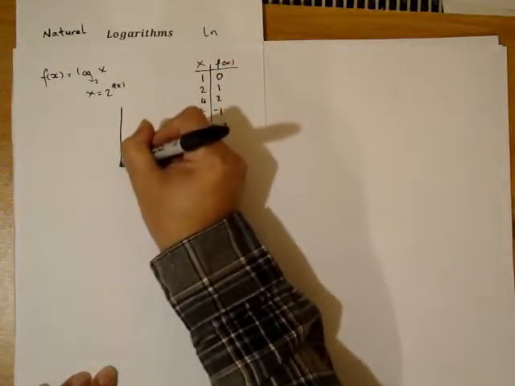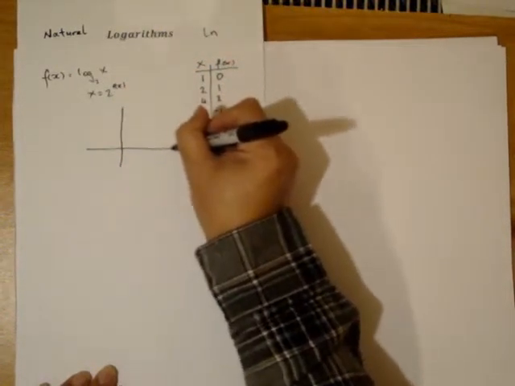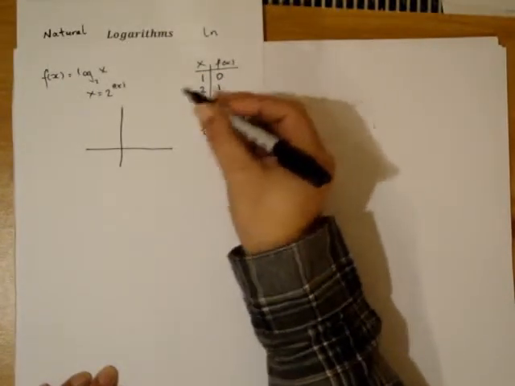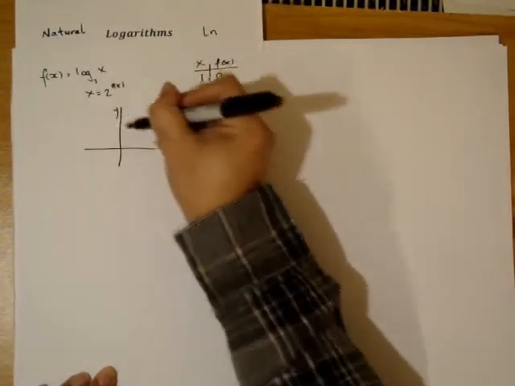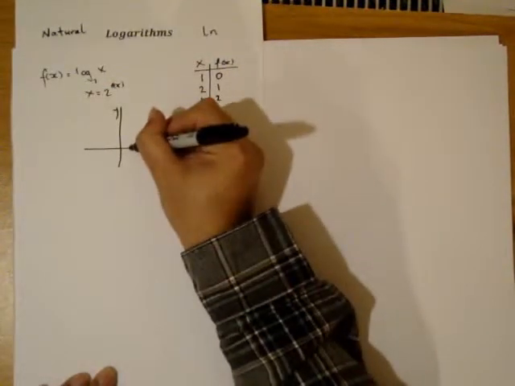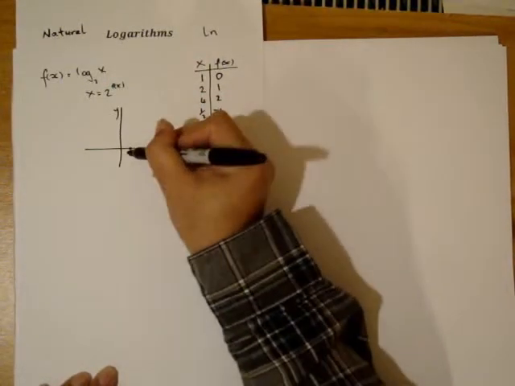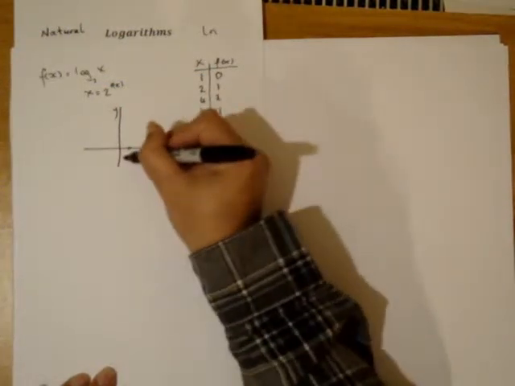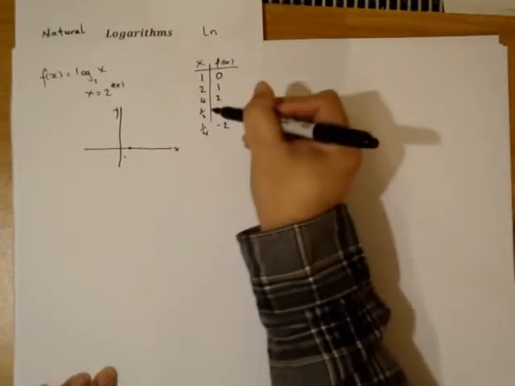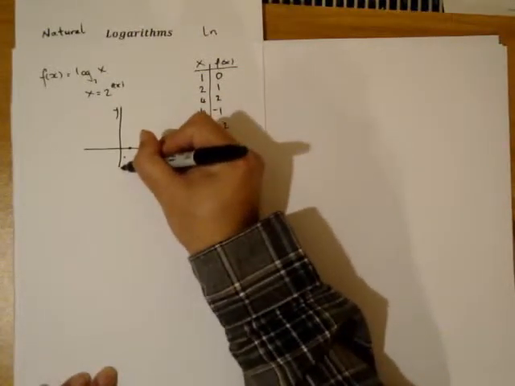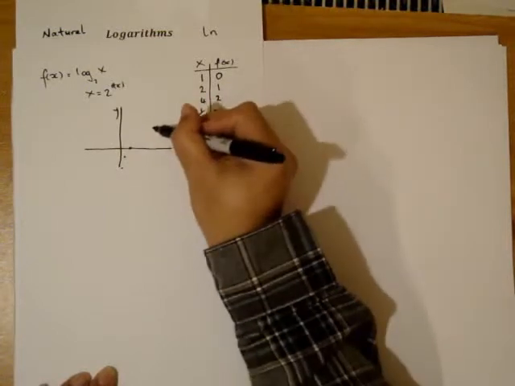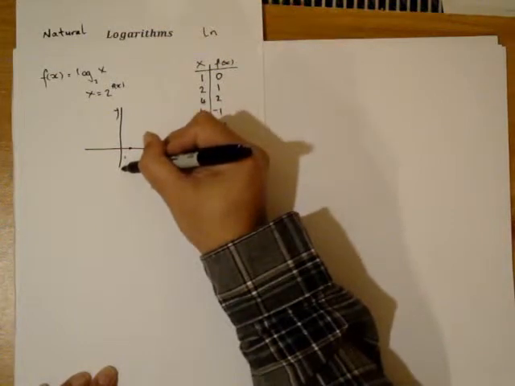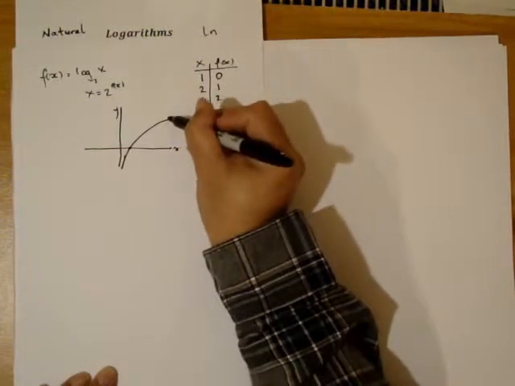So if we quickly draw this, the curve will cross the x-axis at 1, and then it'll go down to a half, it'll be minus 1, about there, and at a quarter it'll be minus 2, so around there, and then it'll go off exponentially that way, so it'll go like that.